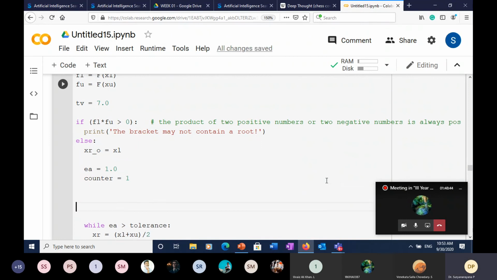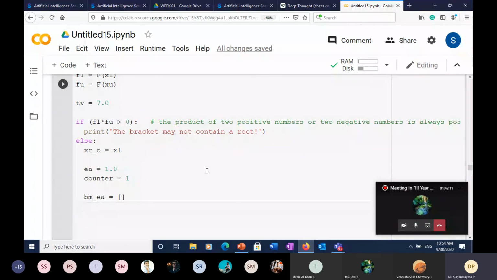I'll start two arrays. I'll store the values for each iteration of the bisection method. I'll say EA, approximate error, and this being Python, I have an empty list there.